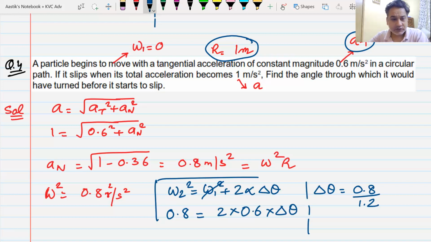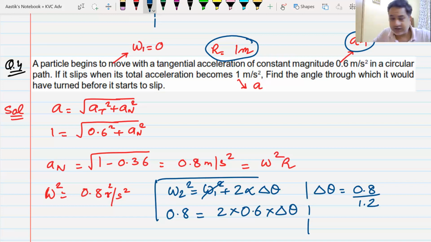Before going any further, you can just take this as a note. Sometimes what happens is you are given a question of uniform circular motion and you are asked what is the magnitude of change in velocity.